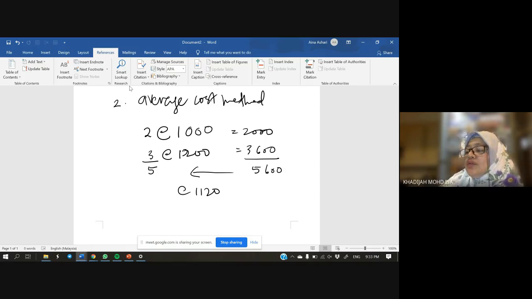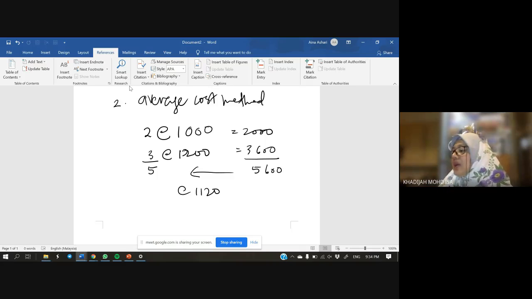Alright. So if you assume that you then have new purchases, you will have to add on the cost of the purchases first. You compute the average cost only when you sell goods. If you do not sell anything, you just continue to put in the purchases and the inventory balance of all the purchases. But once you want to sell, you have to decide how much is my average cost.